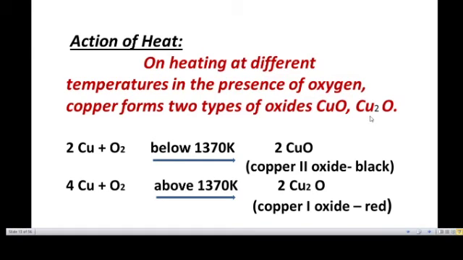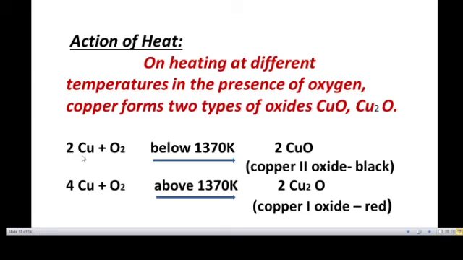On heating at different temperatures, one below 1370 Kelvin and another above 1370 Kelvin, copper forms two types of oxides, CuO and Cu2O.